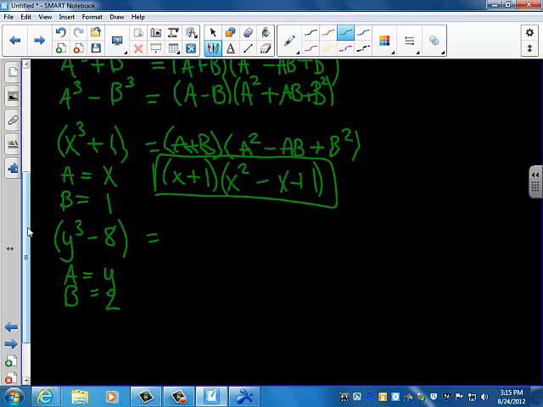So let's write out my formula, a minus b, and then I've got a squared plus ab plus b squared.